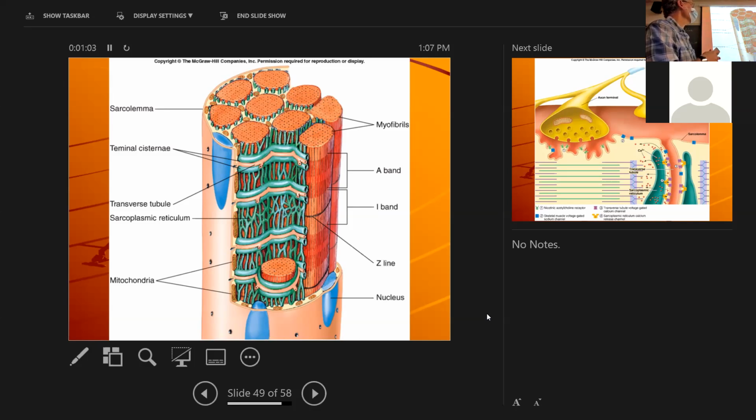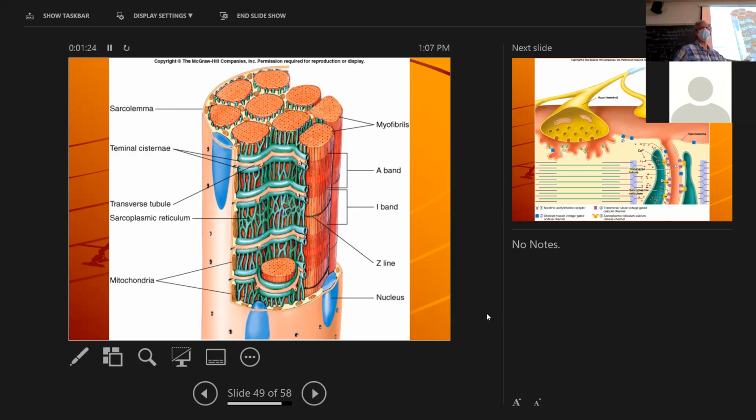These are called terminal cisternae, and these terminal cisternae virtually always are very intimately associated with these transverse tubules. Now, why is this the case? This is the case for this reason.